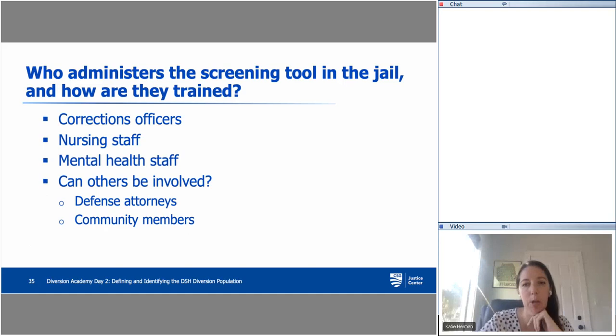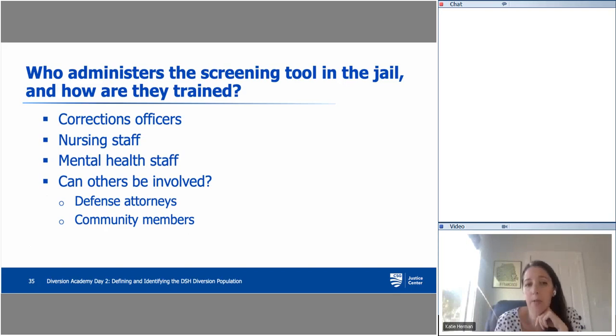It's really important to think about who is administering the screening tools in your jail and how they are trained. Are correction officers doing these brief mental health screenings? All these people can do them for sure. Are they nurses? Are they some kind of mental health staff, clinicians, caseworkers?